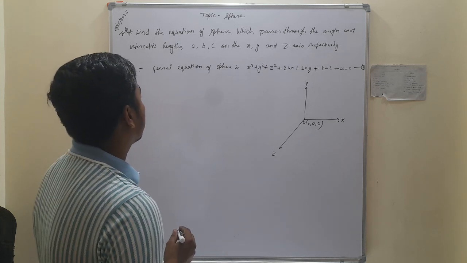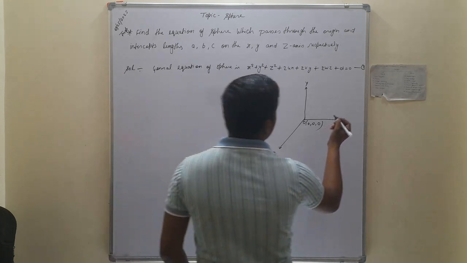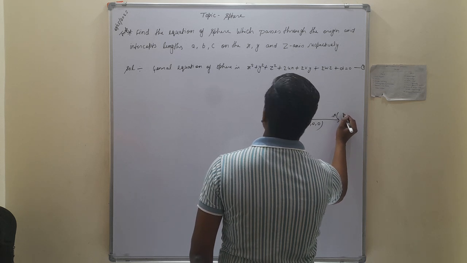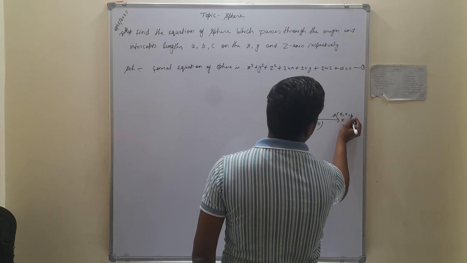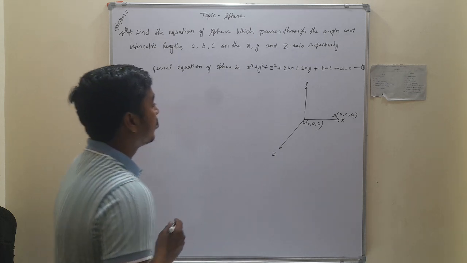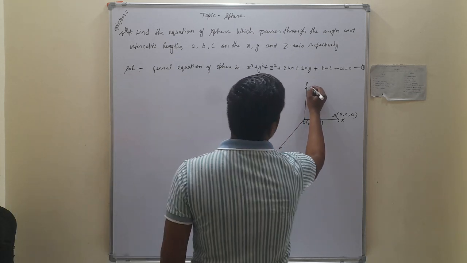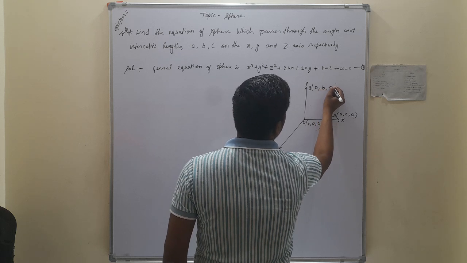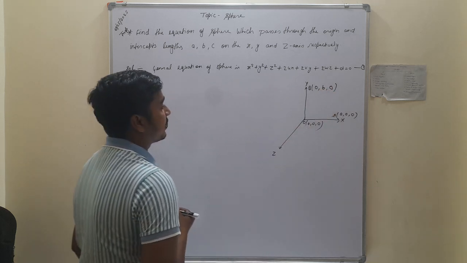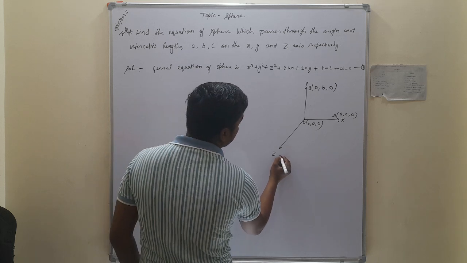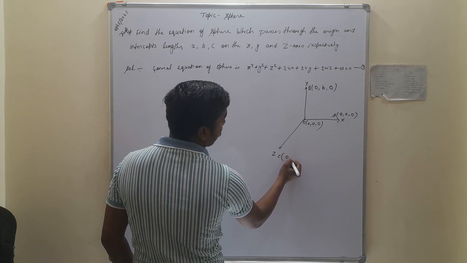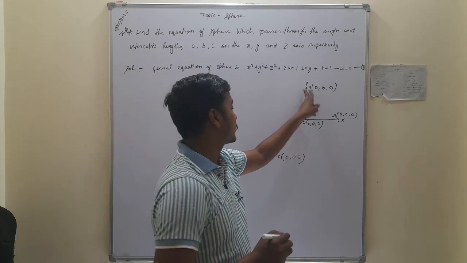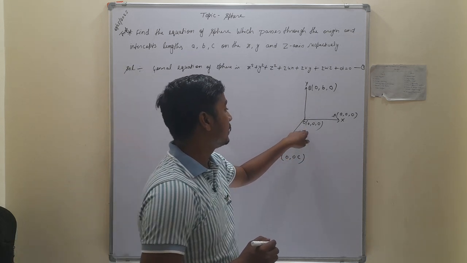On the x-axis, the cutting point is a, 0, 0. Similarly on the y-axis, this point is 0, b, 0. Similarly on the z-axis, this point is 0, 0, c. These are the coordinates on the x-axis, y-axis and z-axis, and the origin is O.